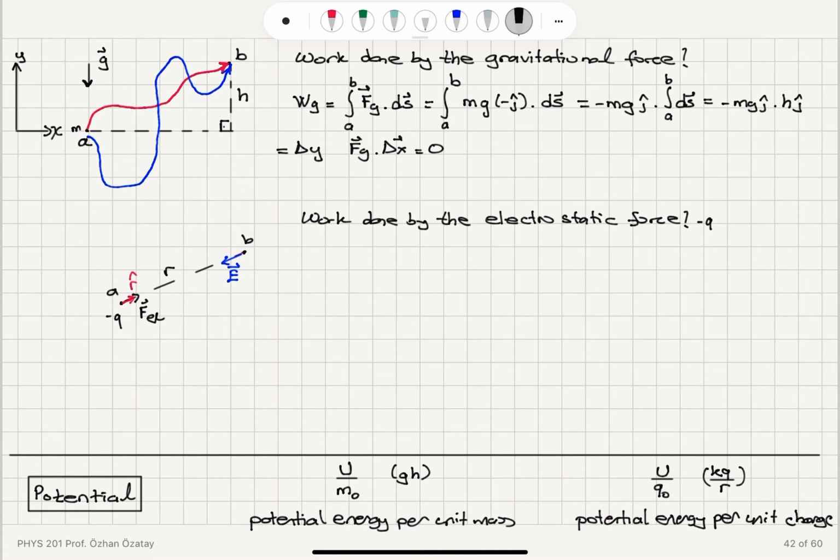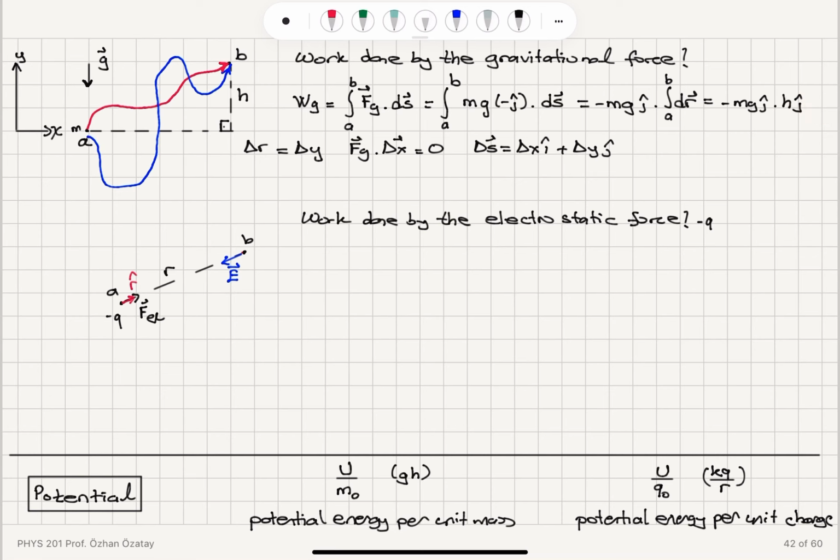This has turned into dr on the y-axis because the delta s actually includes a delta x i hat plus delta y j hat, but there is no contribution from delta x. So the actual displacement that makes a contribution is delta y, which is hj hat. Okay, so you can see that the answer here is minus mgh.